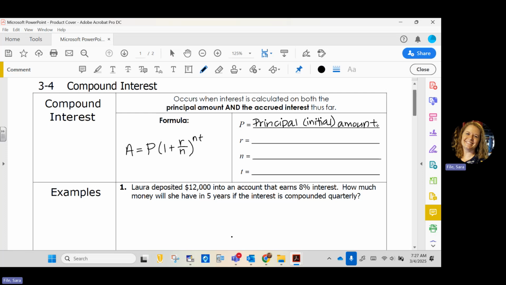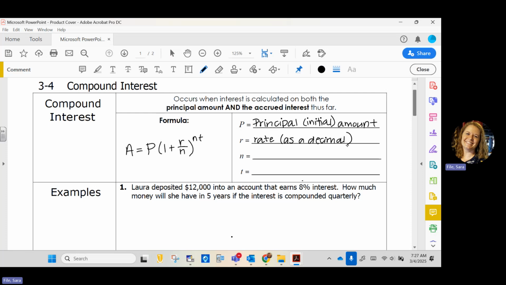That's your principal. R is going to be the rate. In the equation, you need to make sure it's a decimal. In your word problems, it's probably going to give it to you as a percent, and you've got to convert it to a decimal before you put it into the equation.